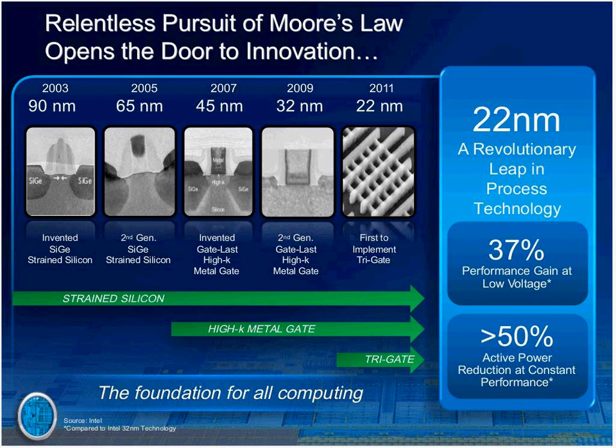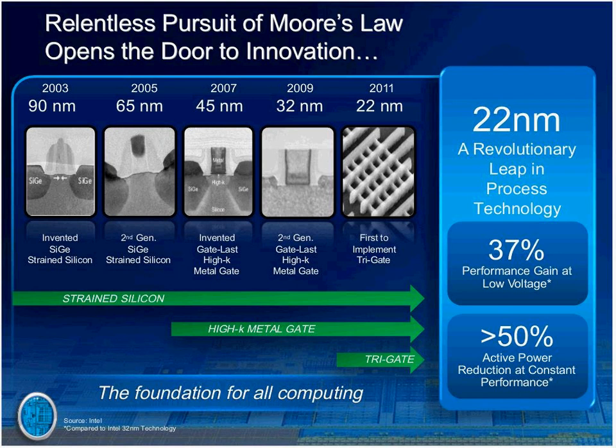Now, I'm a manufacturing person, and so it's kind of hard for me to relate sometimes to the notion of 22 nanometer, but to put it in the context of something a little bit more tangible, 100 million 22 nanometer tri-gate transistors would fit on the head of a pin. That's how small they are. But again, what matters to us is the improvement that we see in performance and in power consumption.